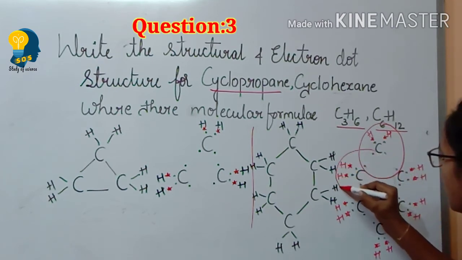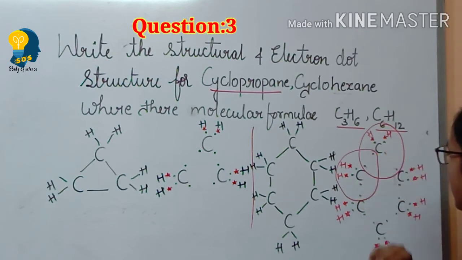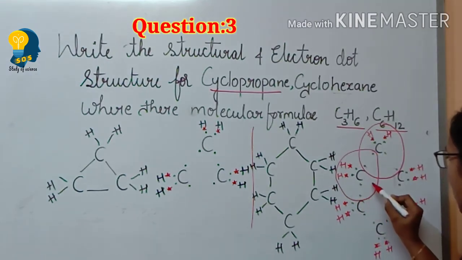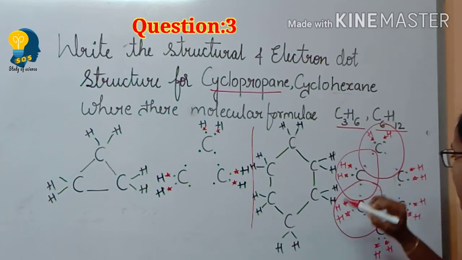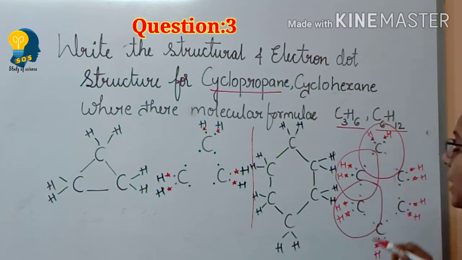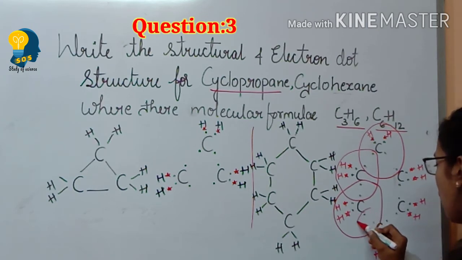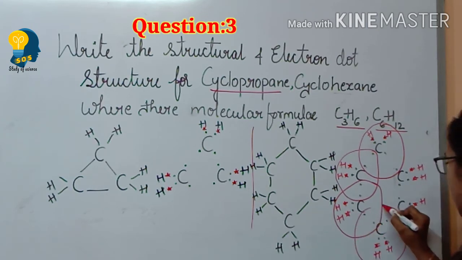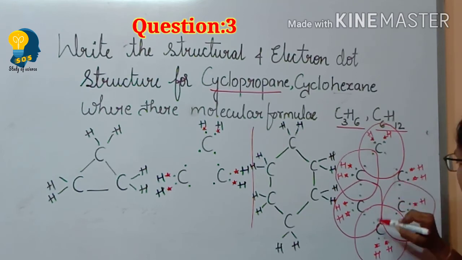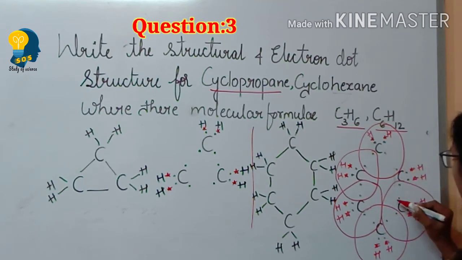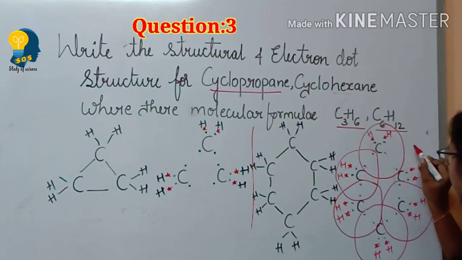So here also this carbon is having 8 valence electrons, and for this carbon it is also having 8 valence electrons. All the carbons are having 8 valence electrons.